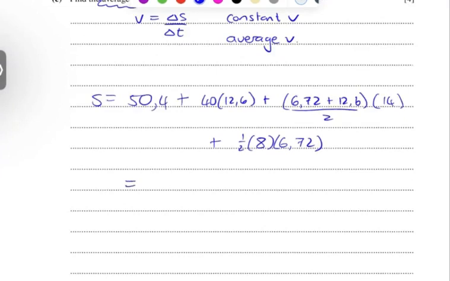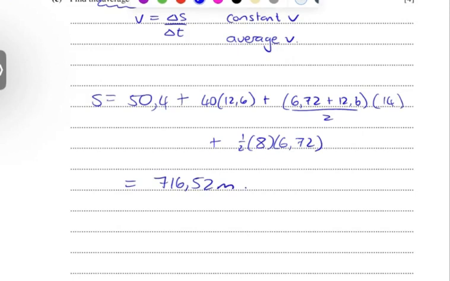So let's just work that out first. 40 times 12.6, and a half base times height. So I'm getting a total distance of 716.52 meters.